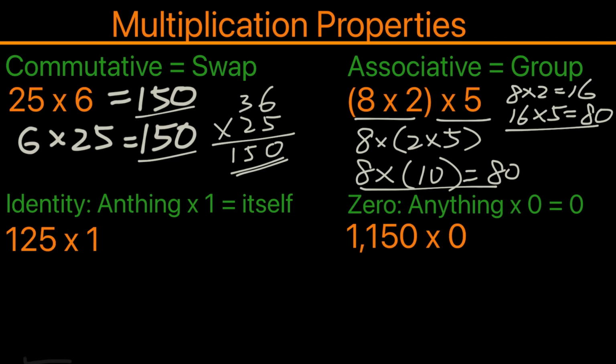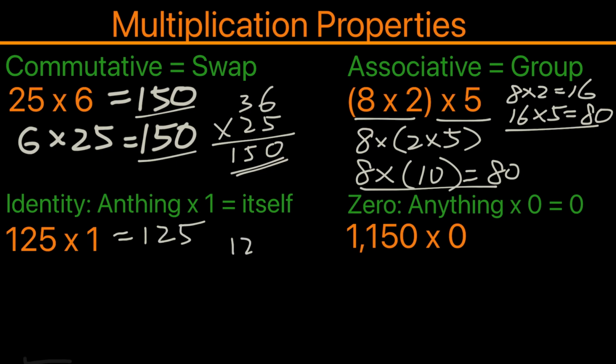For the third example, we have identity property. An identity property states anything times by 1 will become itself. So the example that we have here, 125 times 1 is 125.